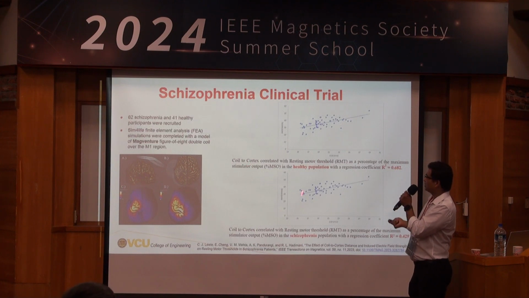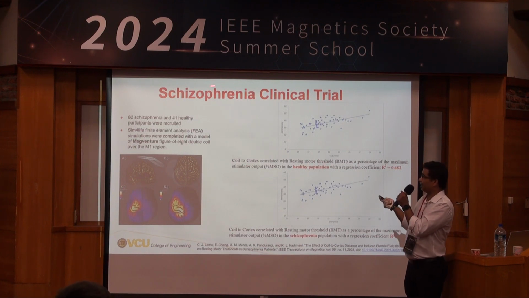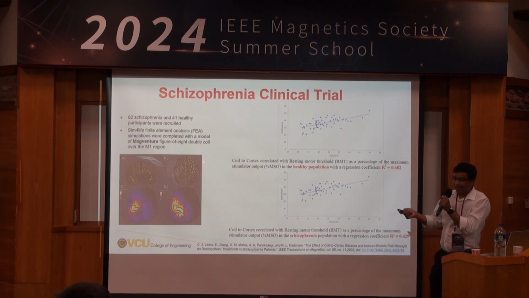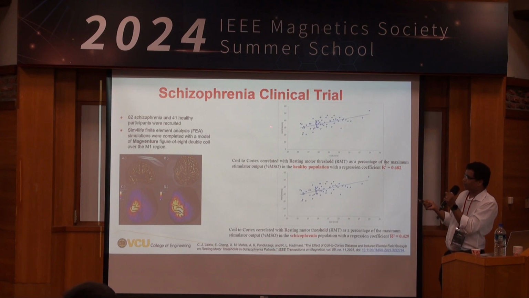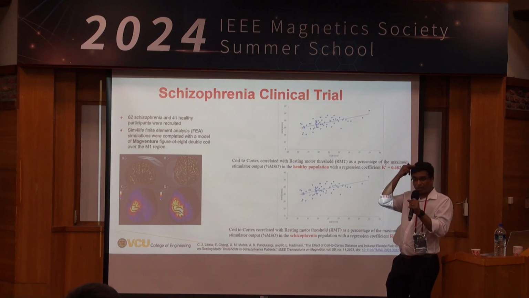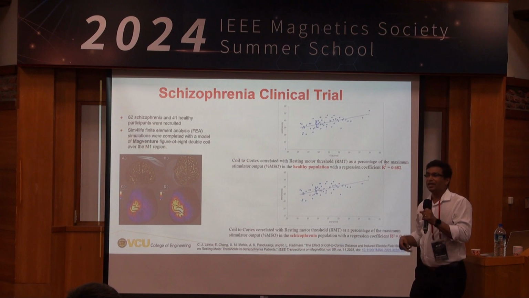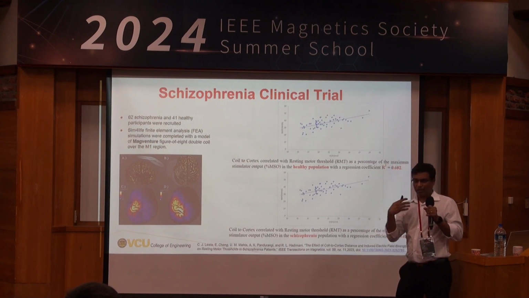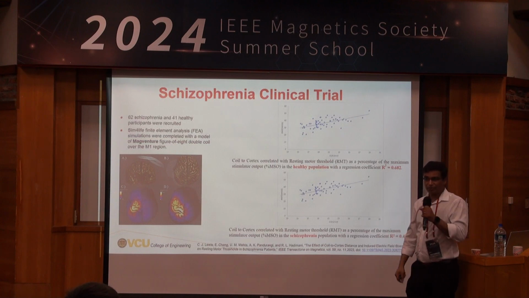And then we looked at, this is a clinical trial at NIMHANS, India. Here they had close to 100 subjects, 40 healthy and 60 schizophrenia subjects. And we show that with the healthy population, the correlation between the geometry and the dose is better than the correlation between the same parameters in schizophrenia subjects.